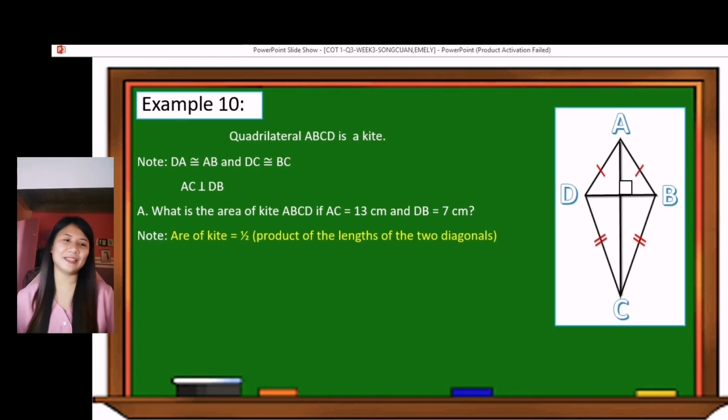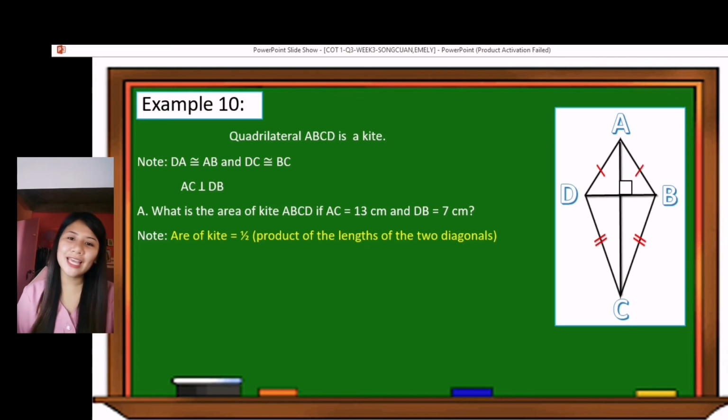Okay, try this one. Example number 10. A quadrilateral ABCD is a kite. Same as before, side DA is congruent to side AB, and side DC is congruent to side BC.